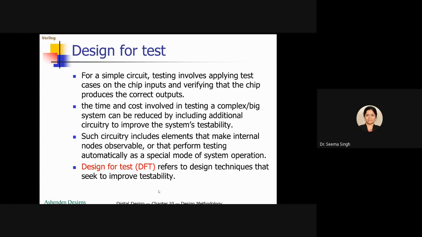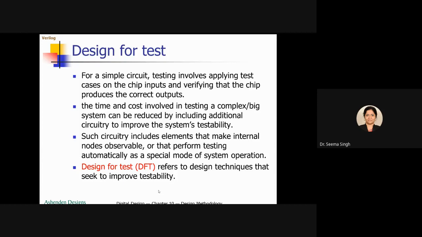If it is a complex circuit or a big system, it takes more time for testing. So we have to include additional circuitry so that we can design the system properly and improve its testability.